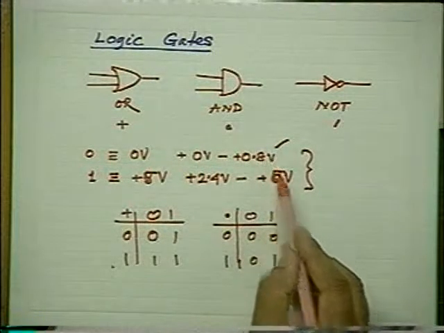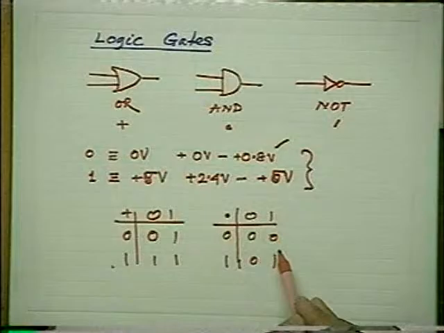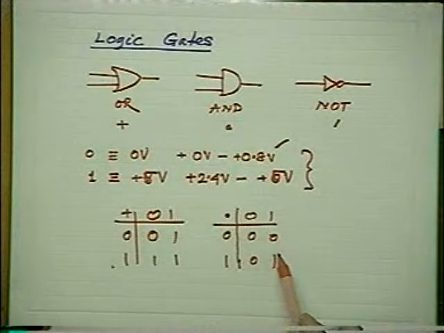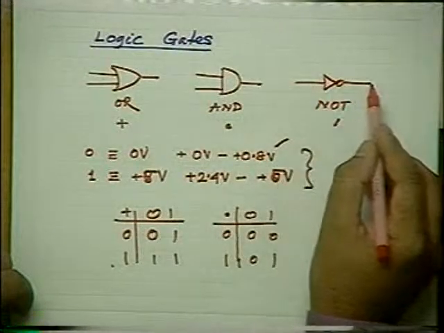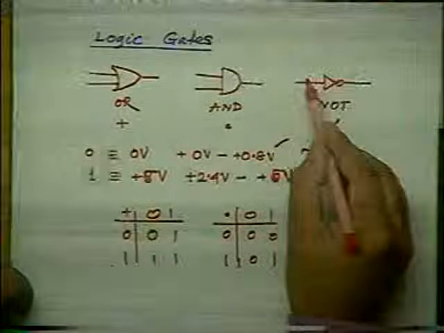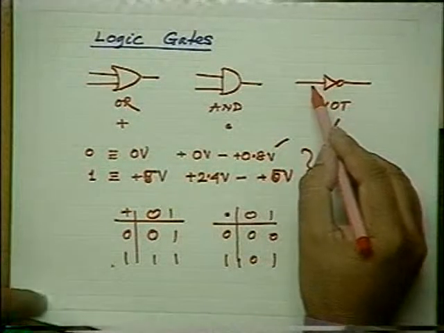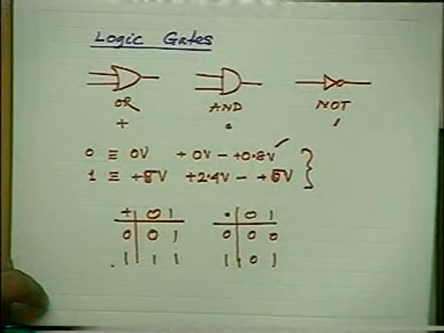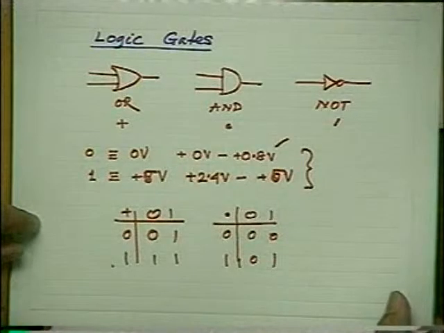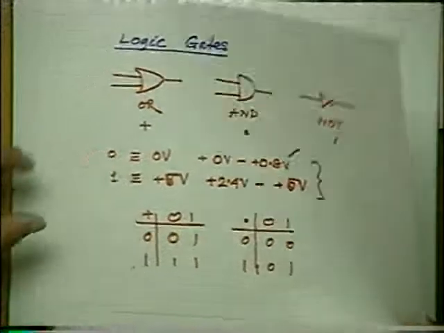Otherwise, the output will be high, that means +2.4 volts to 5 volts. And in the case of a NOT, if we give a 0 here, the output will be 1. That means, if you give a low voltage here, the output will be high voltage, and if you give a high voltage here, the output will be low voltage. Therefore, this is the physical realization of the OR, AND, or NOT gate that we are talking of. Now, let us take an example.